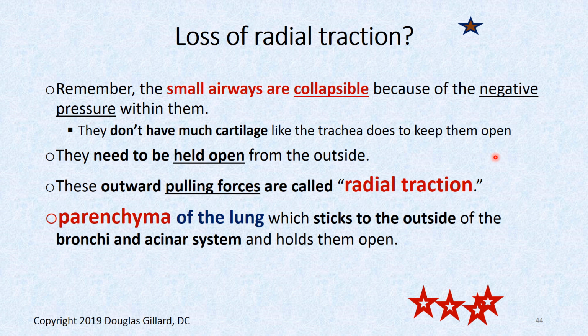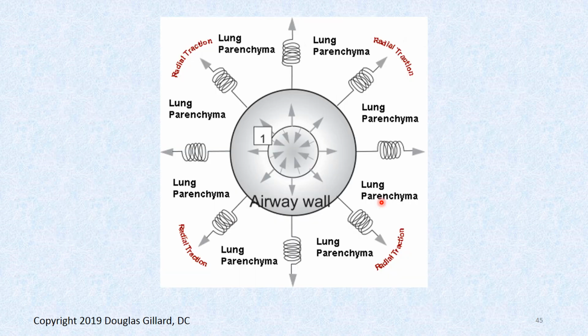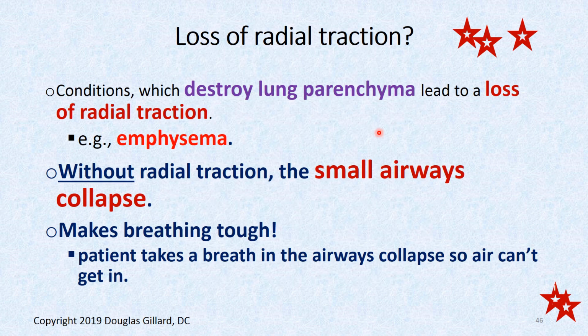Loss of radial traction, we talked about that already. Lose radial traction, and when you take a breath, the tubes collapse and you can't get air in there. Already showed you that picture. It's an important disease. Let's see, what can destroy the lung parenchyma?